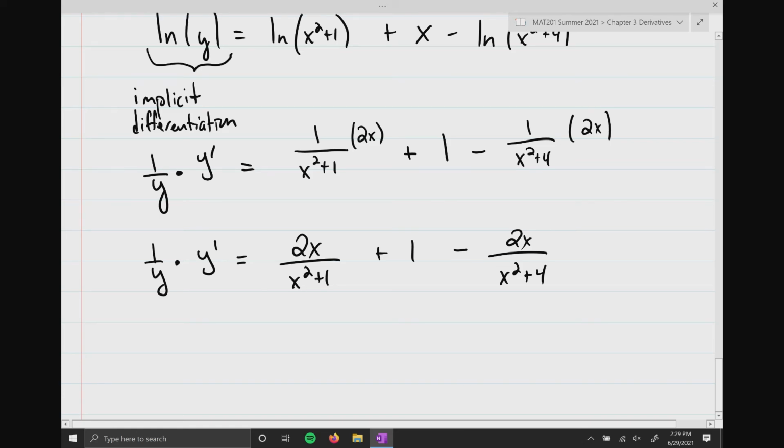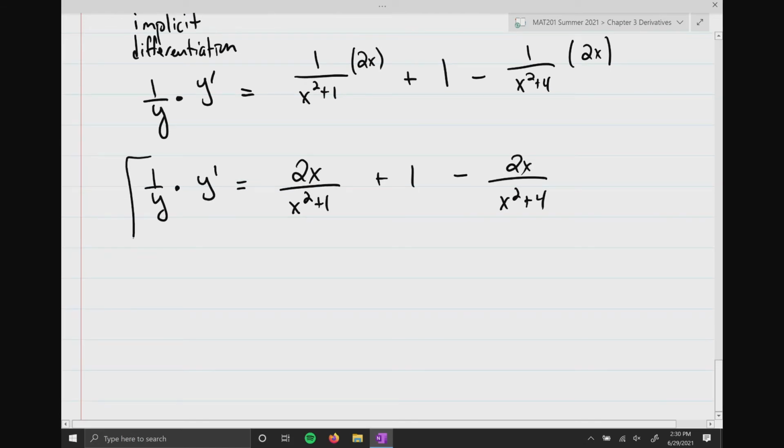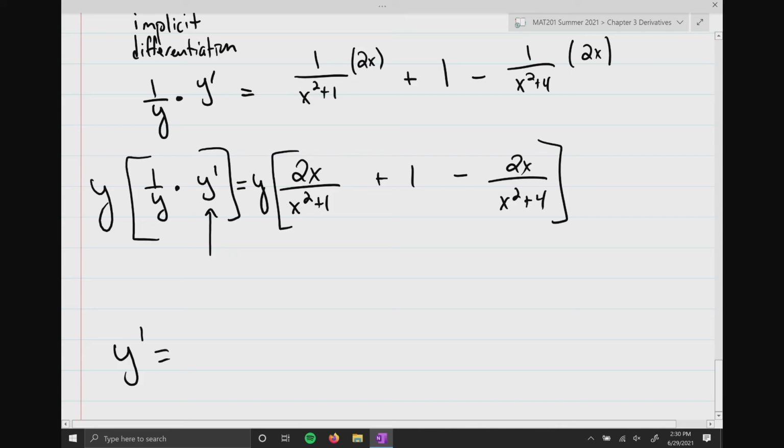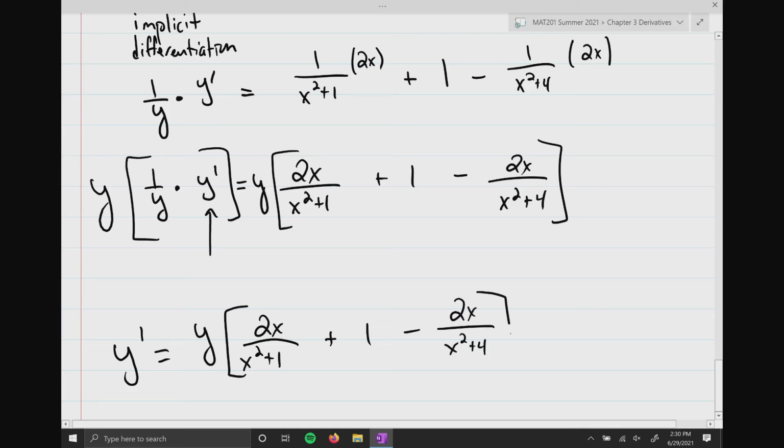So what I need to do is take both sides of my equation and multiply by y, because I'm solving for my derivative. So this is going to yield y prime equals y times the quantity 2x over x squared plus 1, plus 1, minus 2x over x squared plus 4.